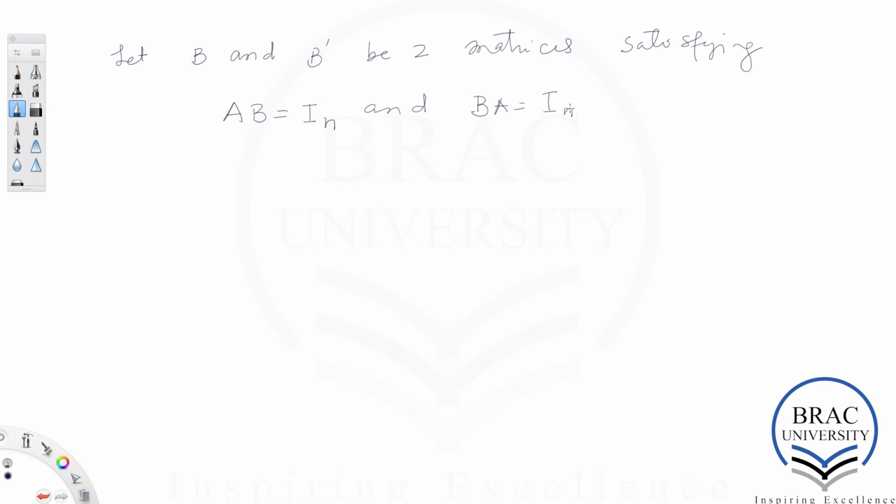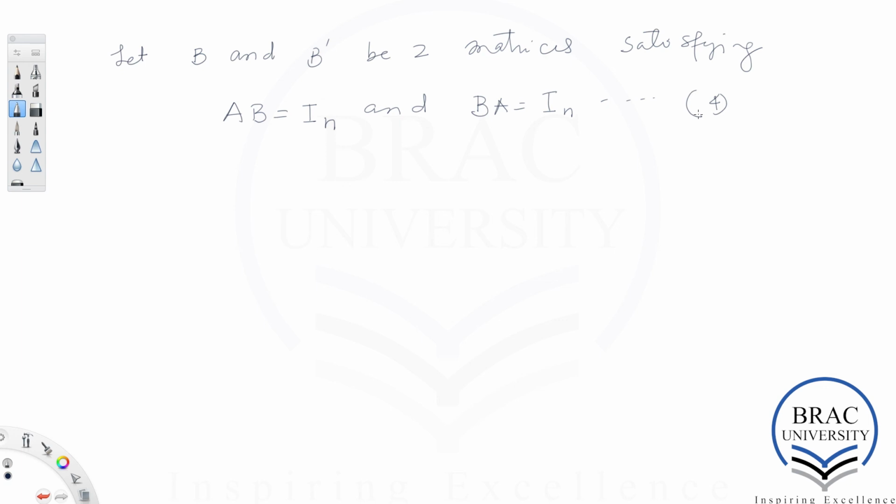Let B and B prime be two matrices satisfying 4. Since I erased it, let me write 4. AB is equal to I sub n and BA is equal to I sub n, which was the definition of the inverse of a matrix, right? This was 4.